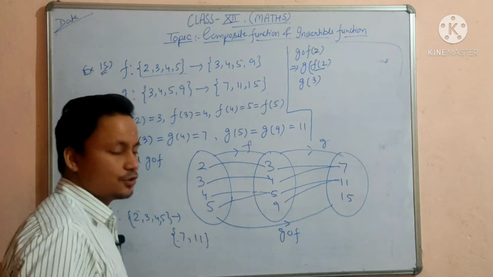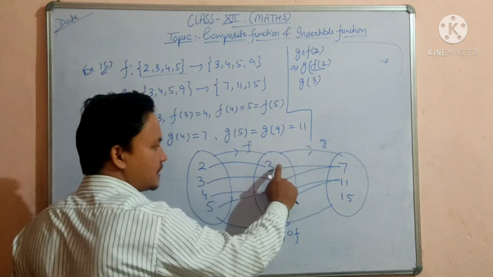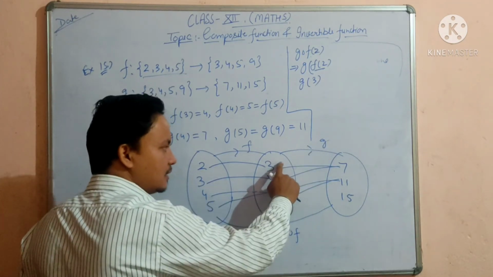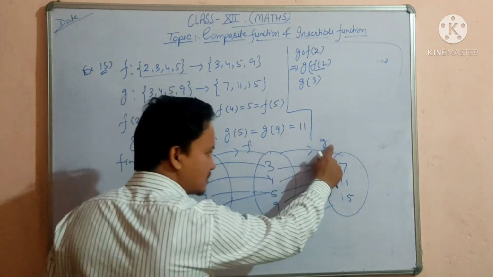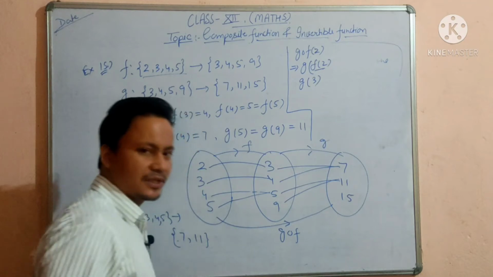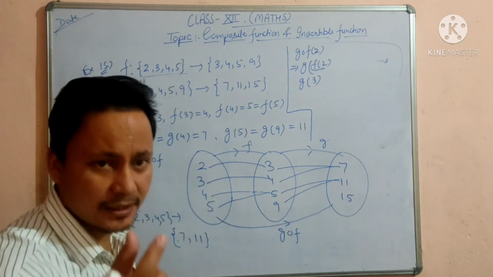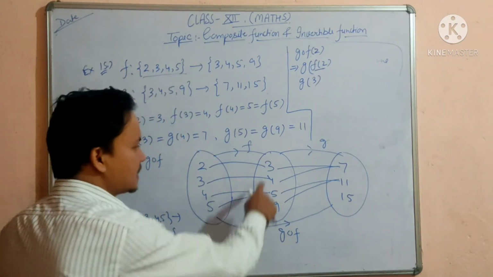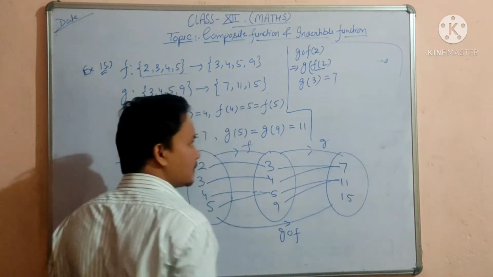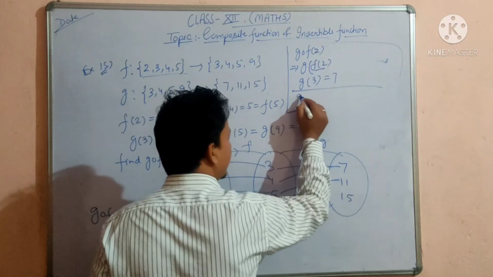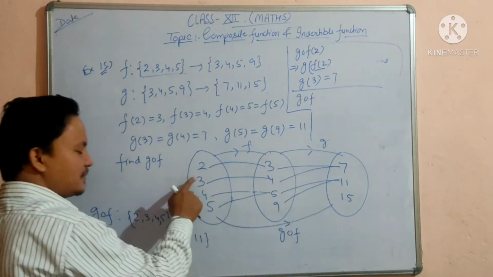This will be g of 3. What is the value of g of 3? It means the image of point 3 under the function g is 7. g of 3 means what is the g image of point 3? 3 is related to 7, so its image is 7. In a similar manner, we can find GOF of our next element of the domain.